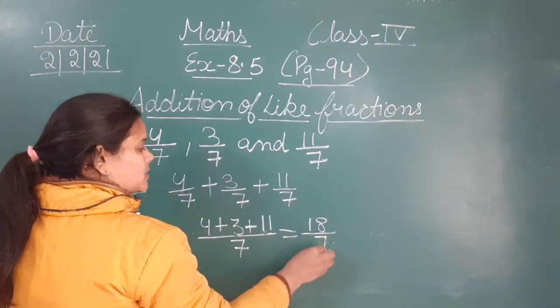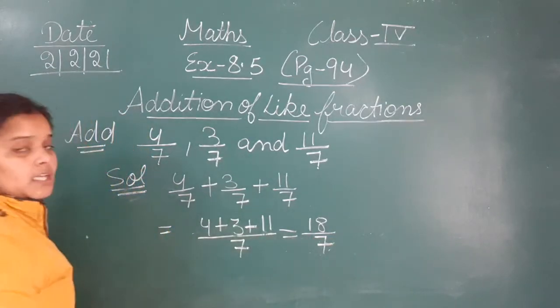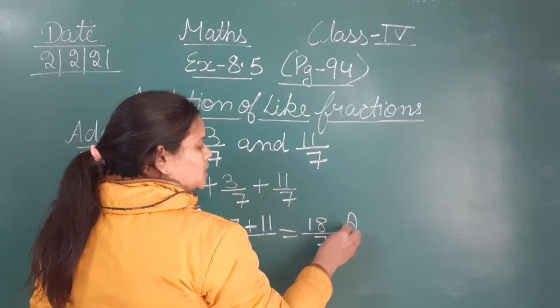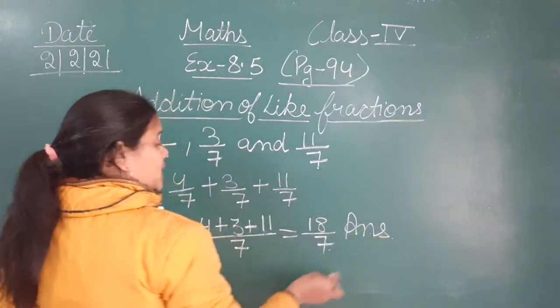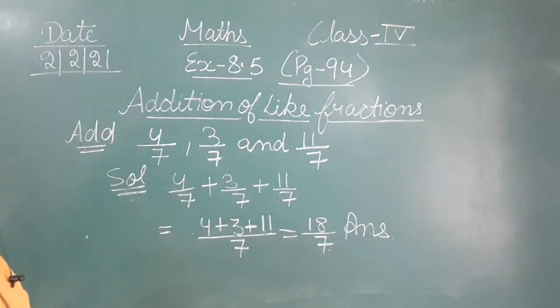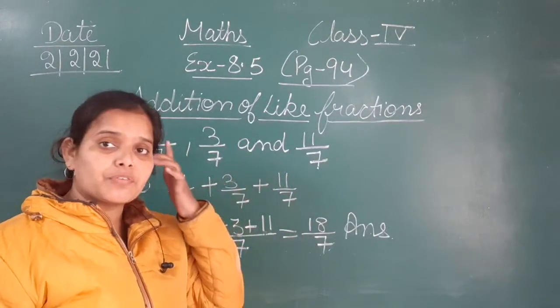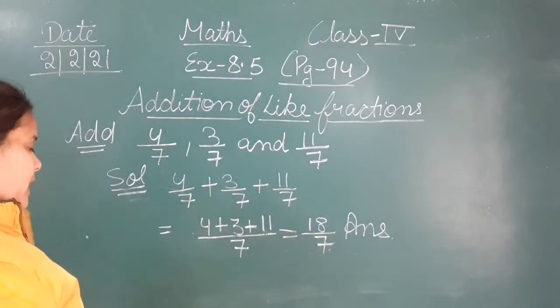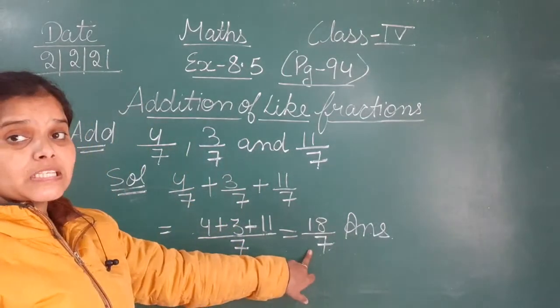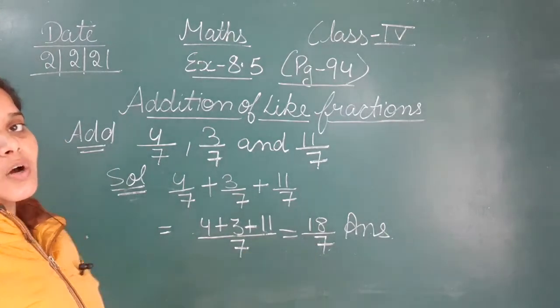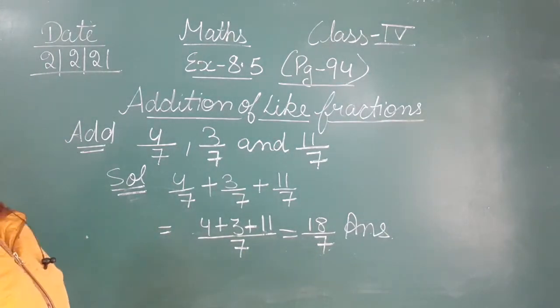Denominator is 7. So the answer is 18 upon 7. So after adding all these three like fractions, the answer we got is 18 upon 7. So this is the second example that I have given, showing how you have to add the given fractions.